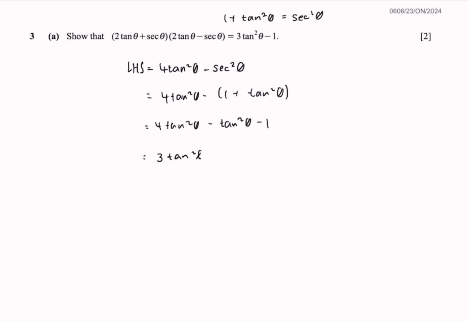Once you simplify it, you will get the answer. So left-hand side is equal to right-hand side. Or actually you can conclude left-hand side is equal to right-hand side. So the proof for this one is shown.